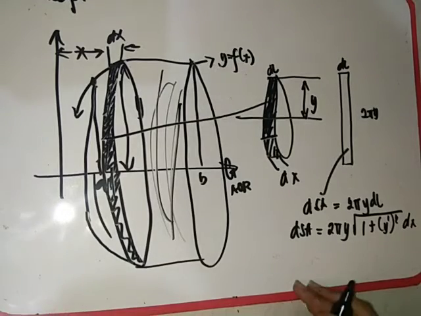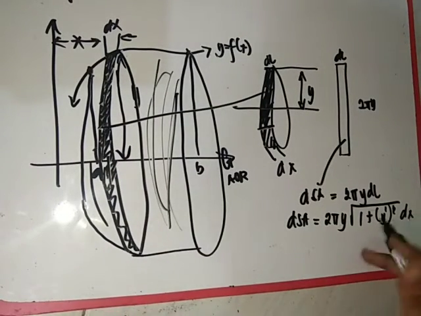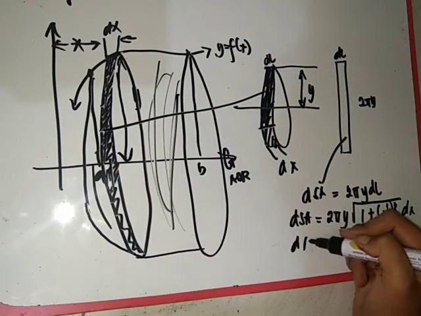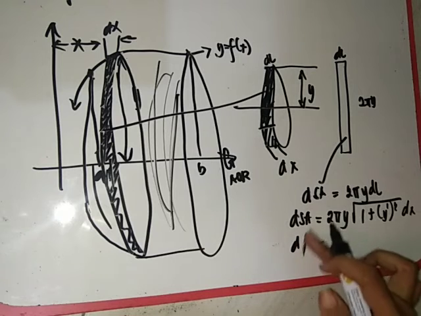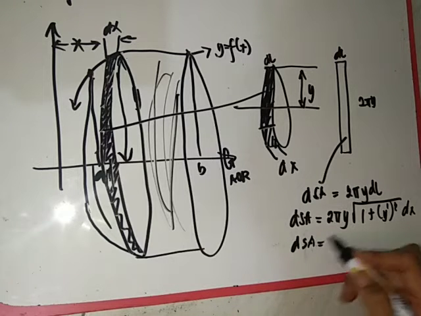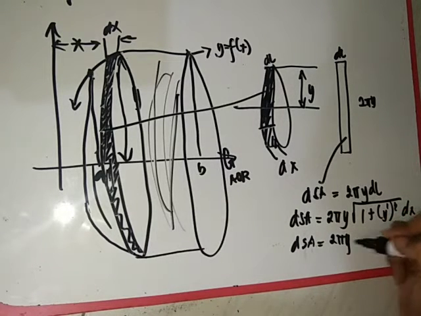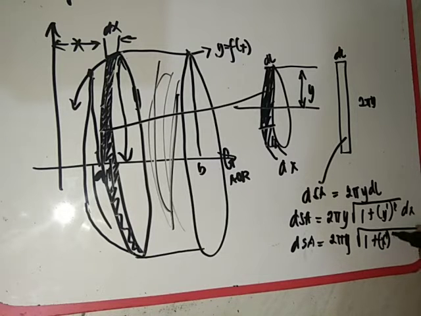This is for x, and this is for y: 2 pi x square root of 1 plus x prime squared dy.